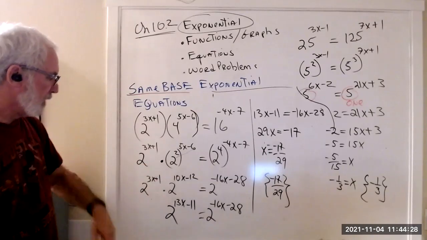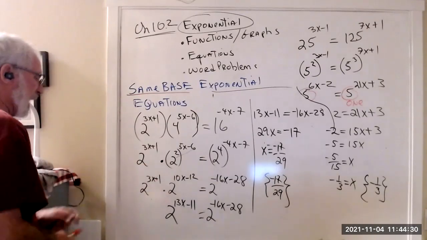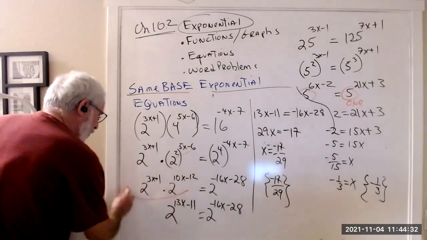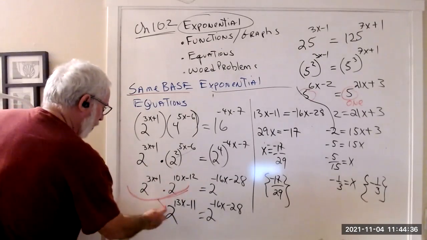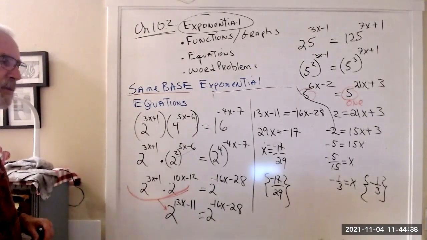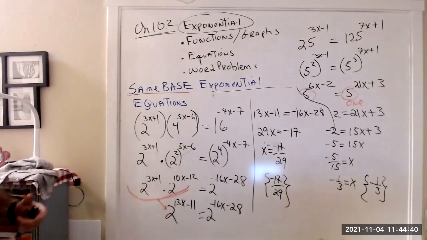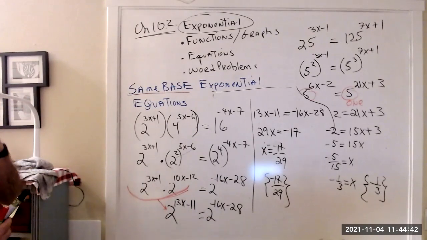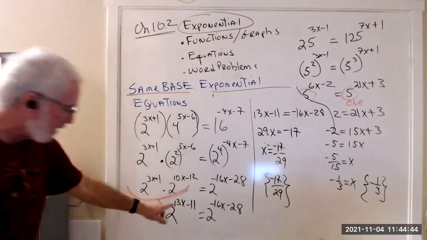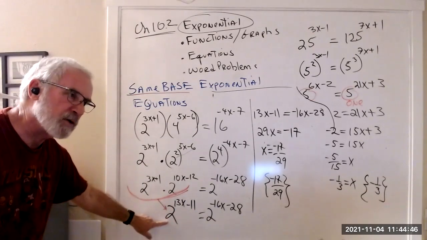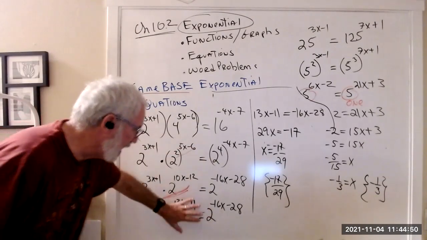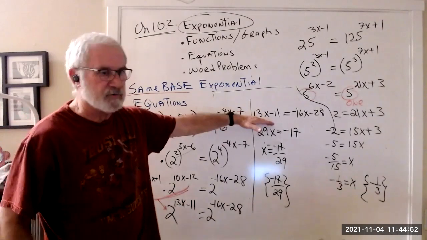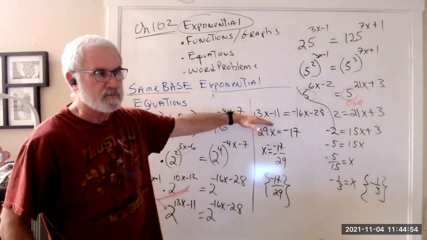But later I knew that I had to combine these two. That's a different rule, you keep the base, you add the powers. And now that they have one base 2 on the left side, one base 2 on the right side, now I can drop the powers and finish solving the problem.